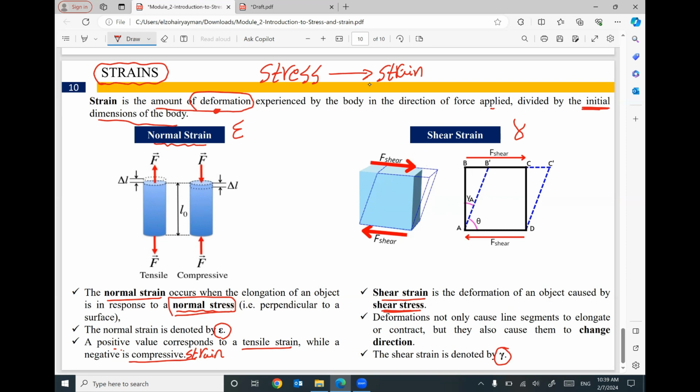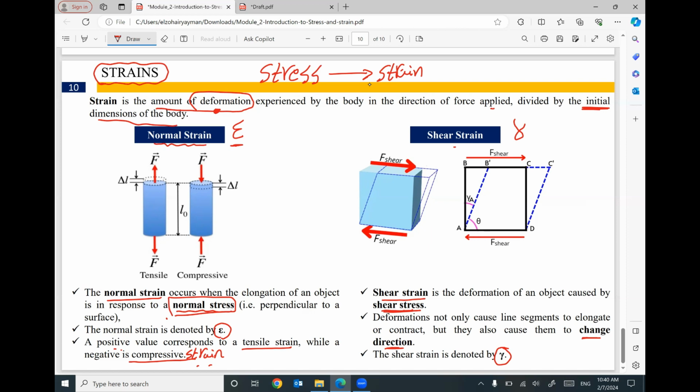We have normal strain and shear strain. Normal strain epsilon is caused by normal stress and can be tensile strain or compressive strain. The shear strain is caused by shear stress, and this one will cause a change in the direction of the deformation. We will cover this in more detail.